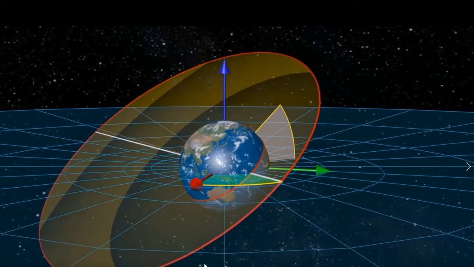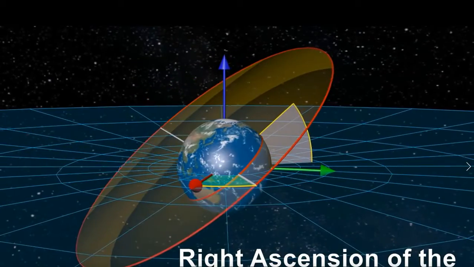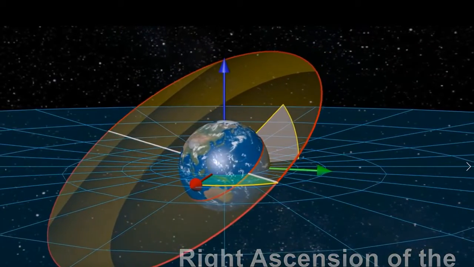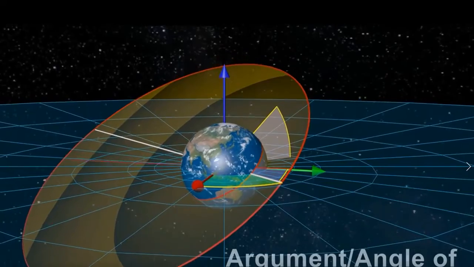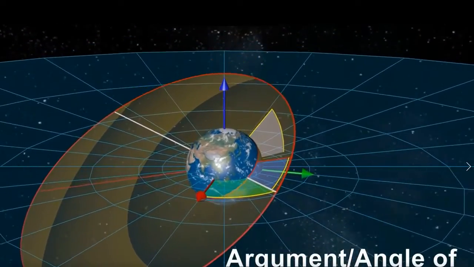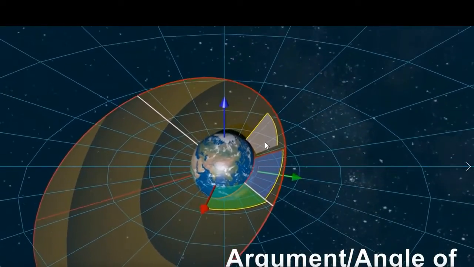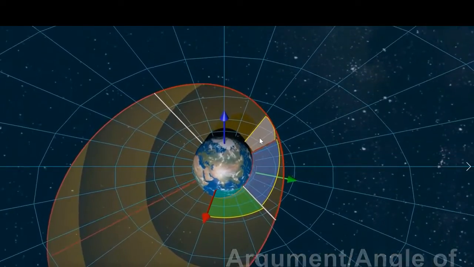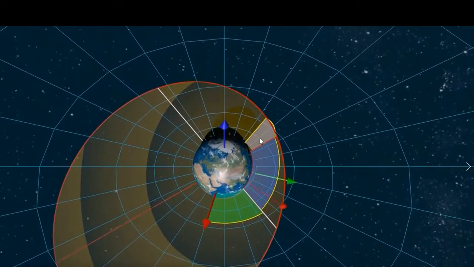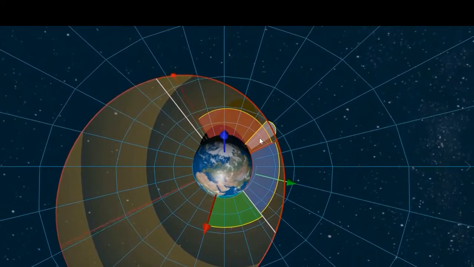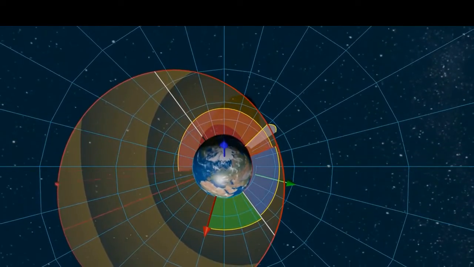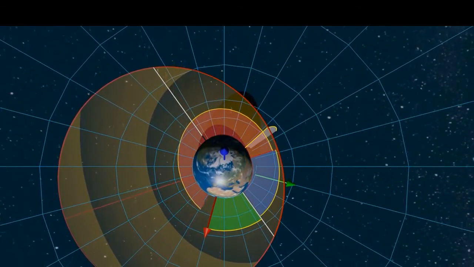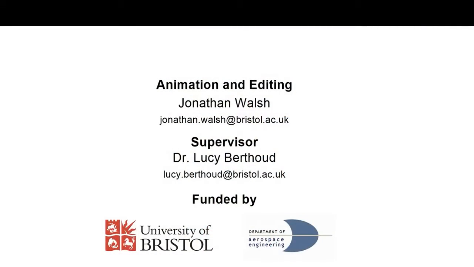I'm a little bit slow. So we have the right ascension, the argument of perigee, and the true anomaly.